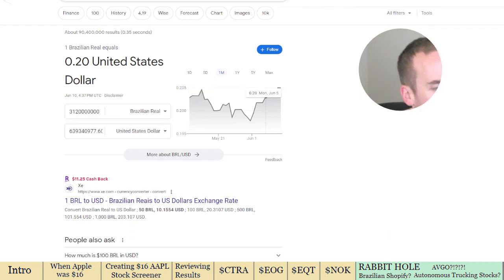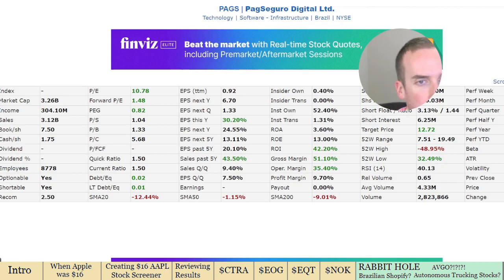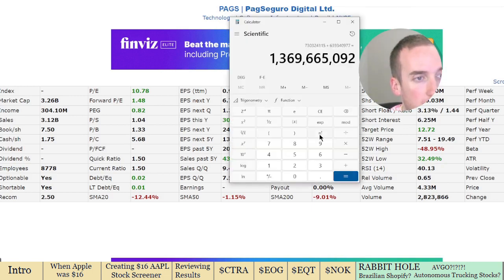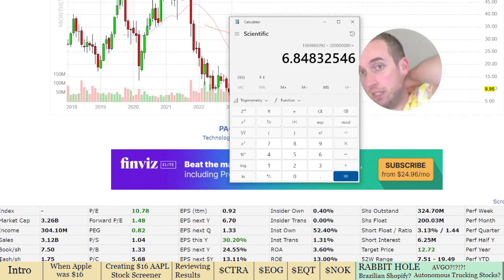Perfect, that's their top. We're not adding the cash or debt, and we're going to divide this by 200 million. So a share price of $6. Okay, this is making sense to me now.